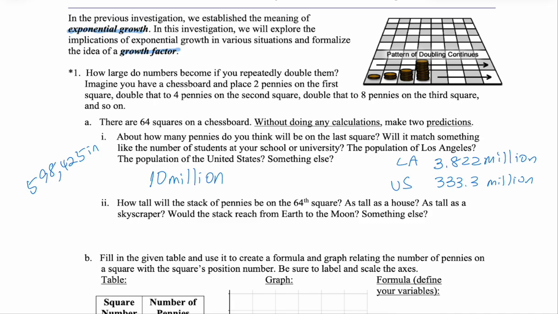Then if we divide that by 12, that's feet, and then by 5,280, it would be roughly about 9.4 miles high. If it is 10 million, it would be 9.4 miles high, our stack of pennies.